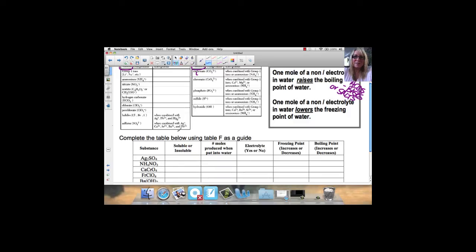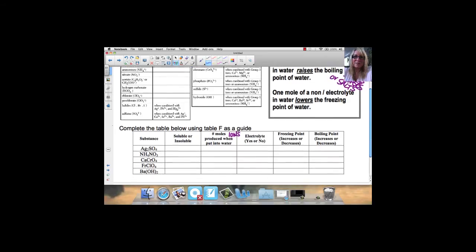So what we're going to do is determine whether something's soluble or insoluble. If it's soluble, then we're going to talk about how many moles of ions it produces when it dissociates in water, and then whether it's an electrolyte or not, and if the freezing point increases or decreases.